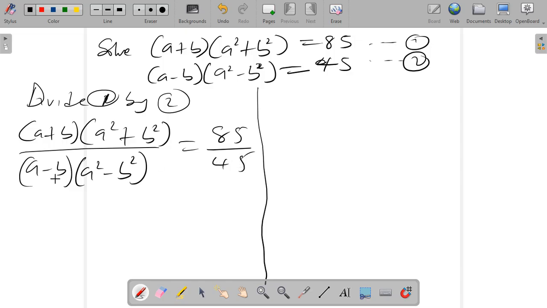Now if you look at this particular one here, this is difference of two squares. Whenever you have a squared minus b squared, it's the same thing as saying (a minus b)(a plus b).